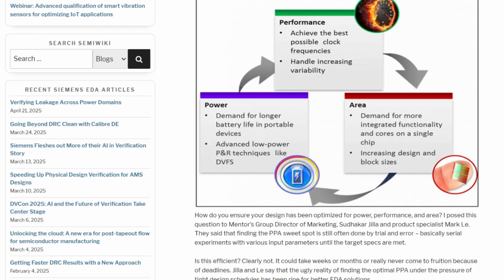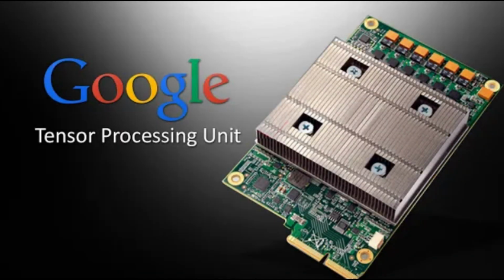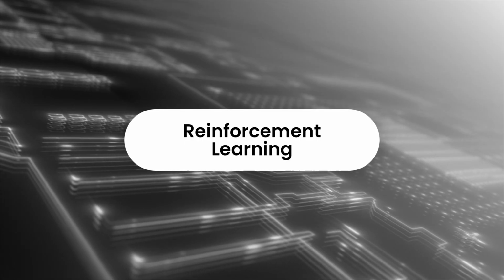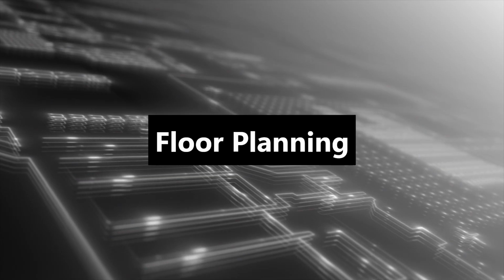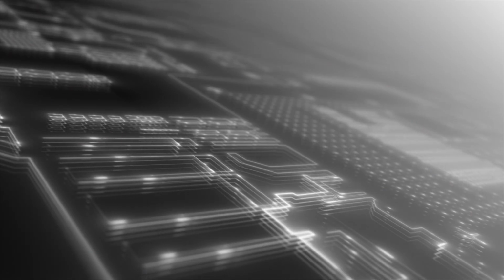They literally find the best combo of PPA, power, performance and area across millions of possibilities just from the provided RTL design. Recently, Google used similar methods in designing the TPU, Tensor Processing Unit. Using reinforcement learning, they optimized floor planning and logic path delays better than human experts in some cases.